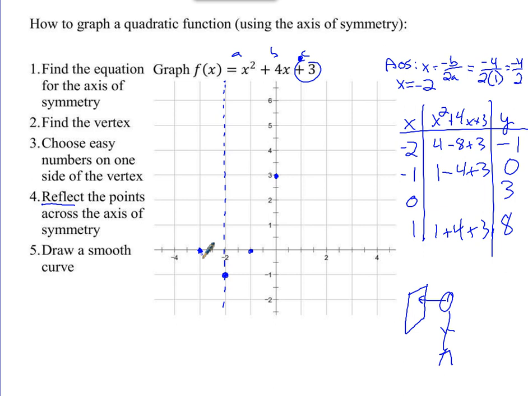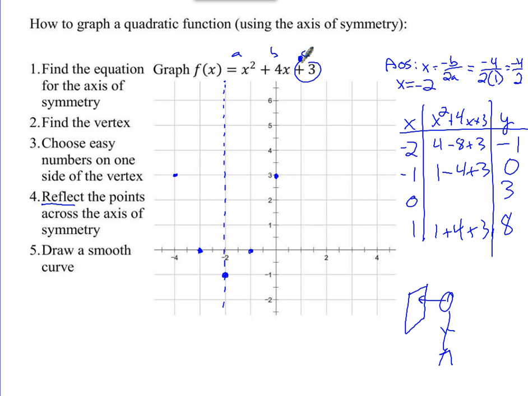That's how you reflect points over the axis of symmetry. So for this one right here, how far do I have to go to the mirror? I have to go 2 to the mirror, which means my reflection will be 2 farther into the mirror, right there. You go straight at the mirror and then continue on the same distance to the reflection.